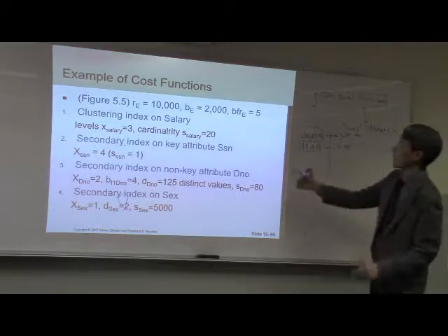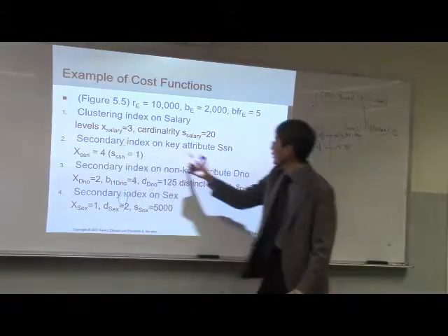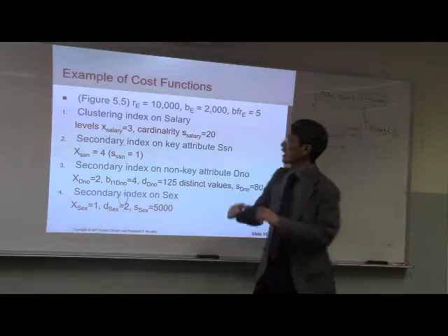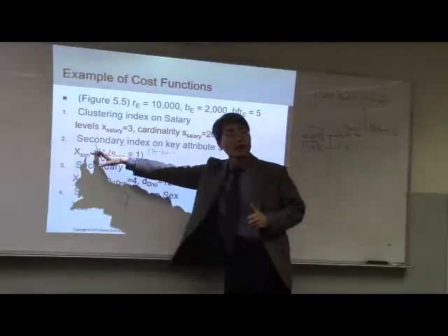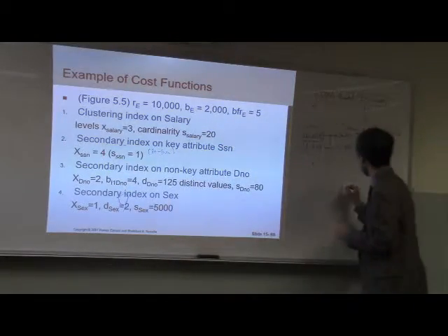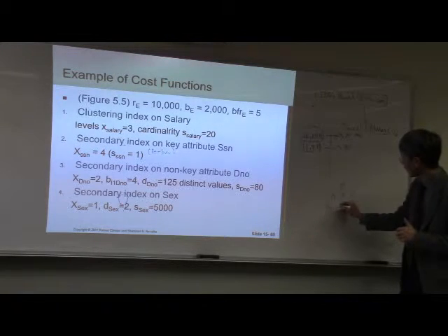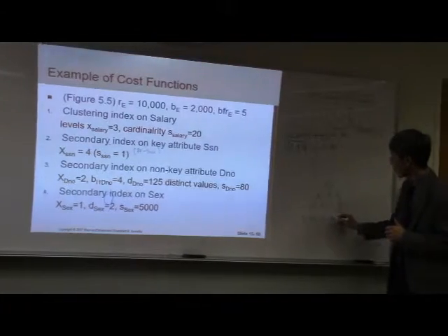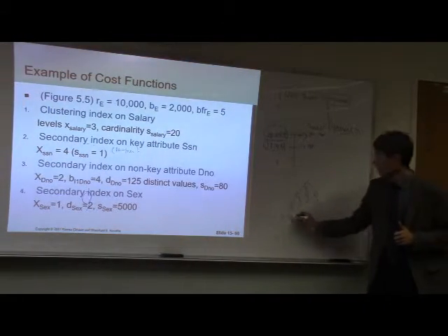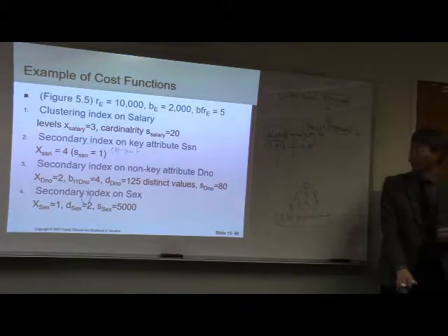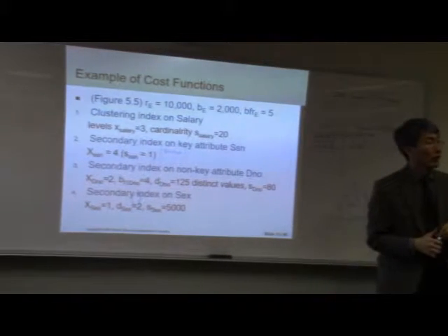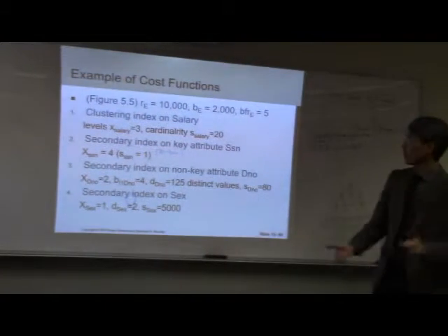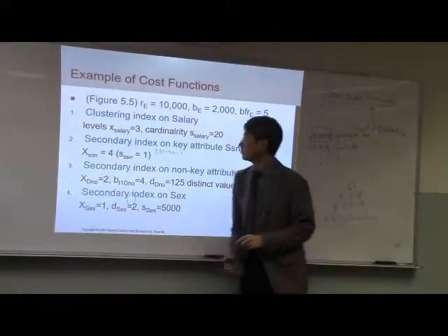Secondary index. We have another index, a secondary index for the SSN. Secondary index means this is a B+ tree index. How many levels? 4, which means it looks like 3 internal levels and the others are leaf nodes. Definitely selectivity is 1: when you select the social security number, it will return only 1.